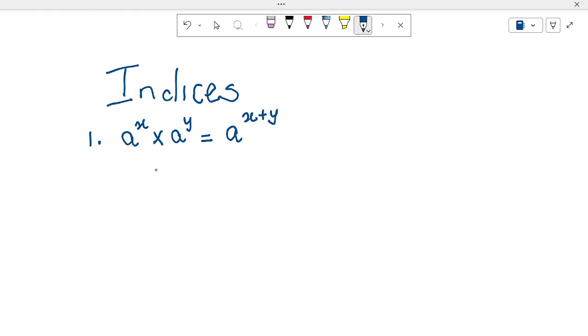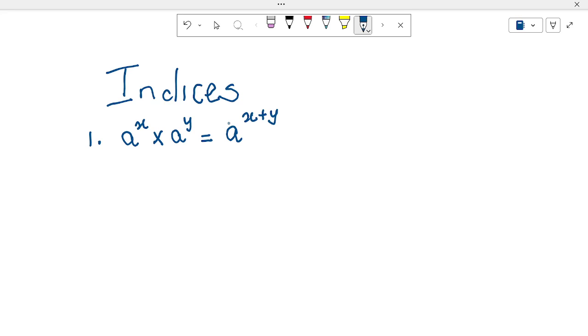What this law is saying is that if you have a figure raised to power another figure times that same figure as the base raised to power another figure, then we have that base raised to power x plus y.